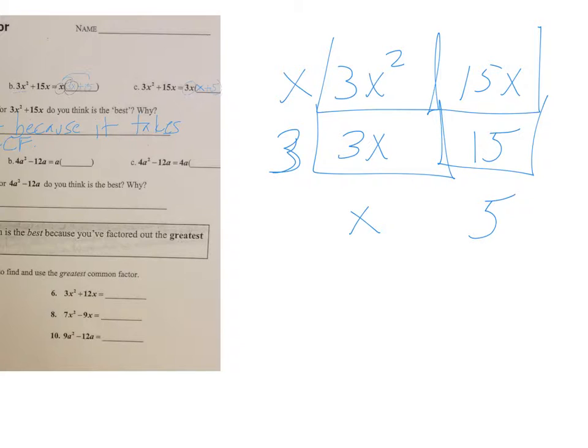So 3, and then 15, and that gives me x and 5, and then this converts right into your distributive property, where you multiply these two, so you end up with 3x times x plus 5. So the algorithm for finding greatest common factor still works even when you're dealing with a value of x.